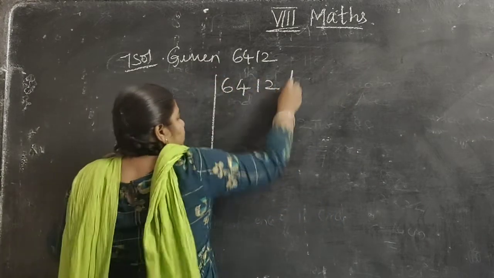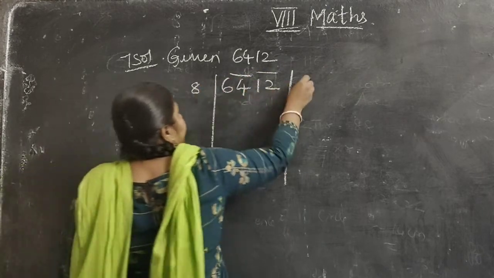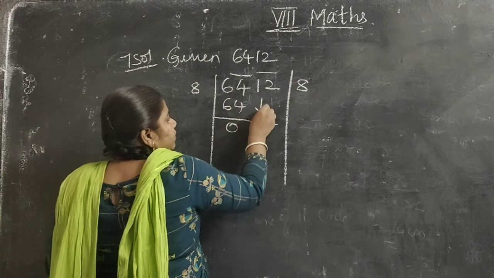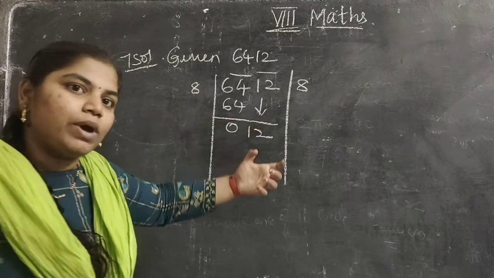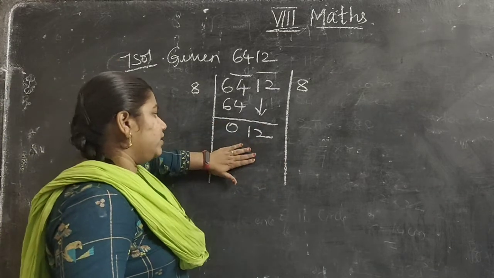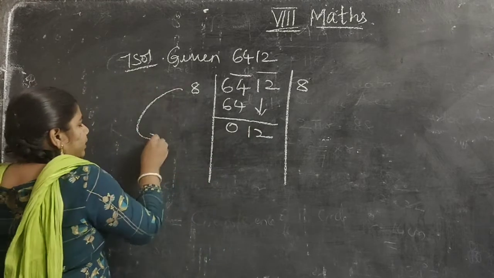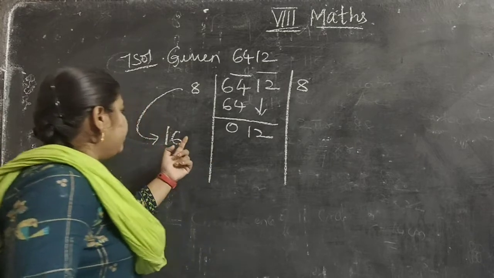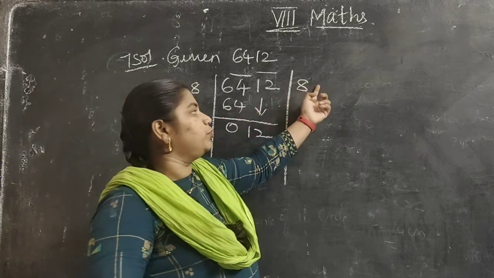6412. So pair the values. 8 8s are 64. So it will be 0, and bring this whole term down. For addition, always we have to take the number greater than this value. So if you double this 8, that will be 16. For this 16, which number will you take here? The same number should be taken here.